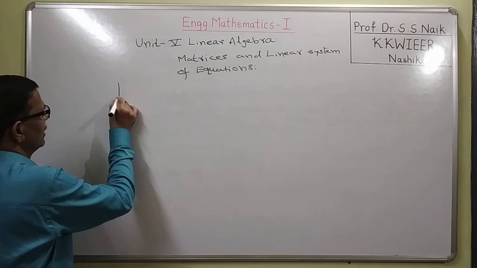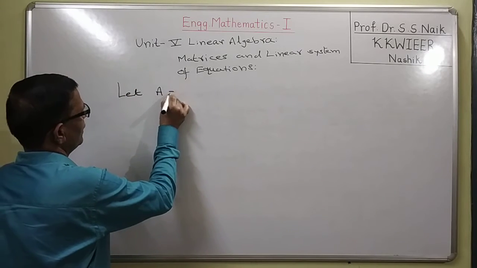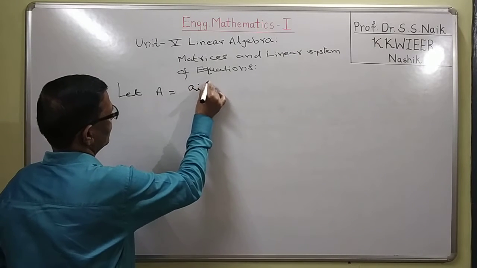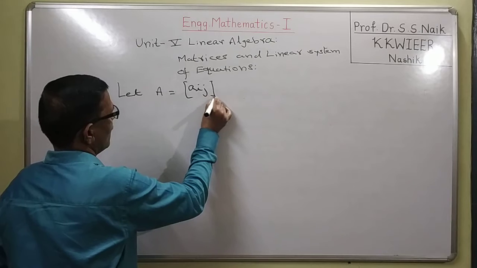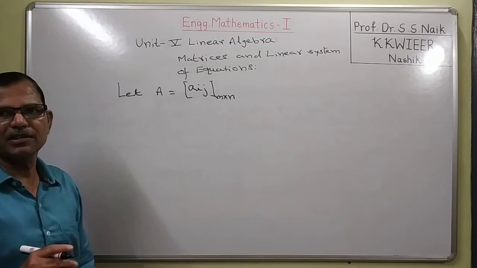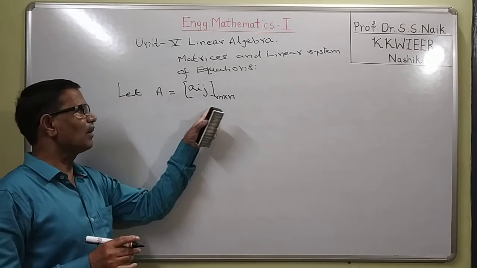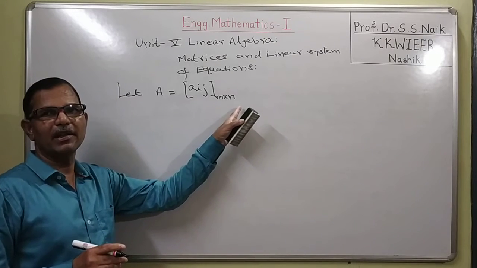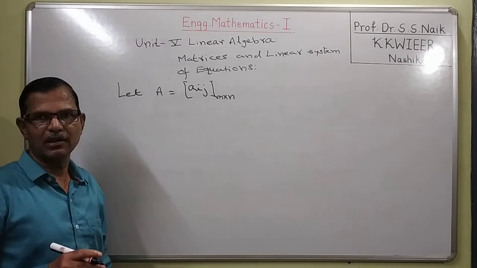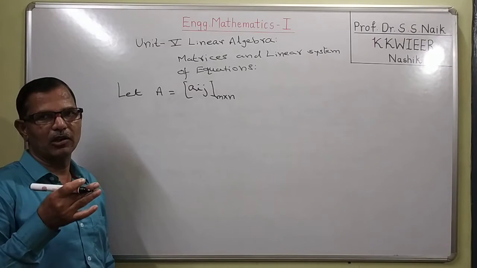Let A is equal to Aij. So here A is equal to Aij is a matrix of order m by n, where Aij represents an element in the ith row and in the jth column.